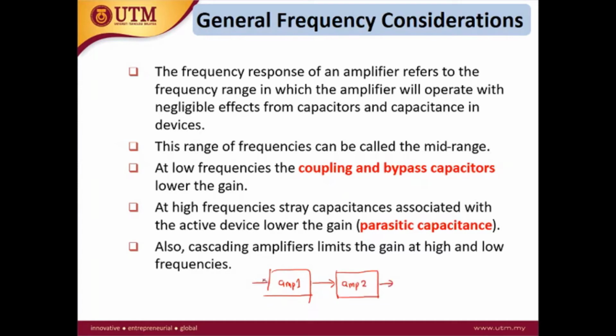The input of amplifier 1 is the signal, and the output of amplifier 2 is our overall output. By having these two amplifiers connected in series, we will have a much higher amplification effect. This connection, where the output of amplifier 1 becomes the input of amplifier 2, is called cascading. So this is a cascading amplifier.